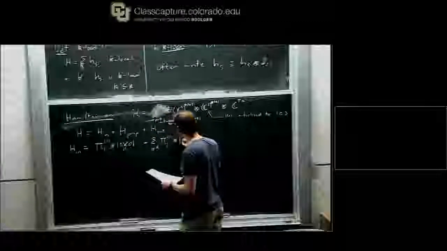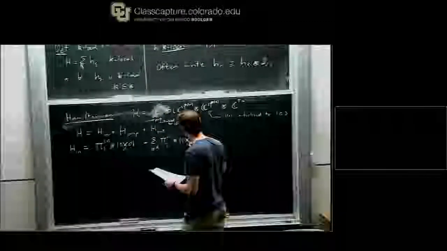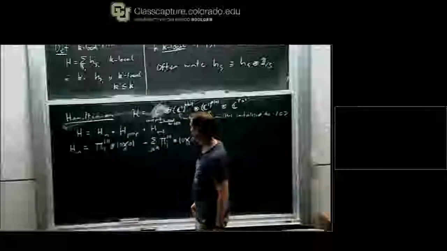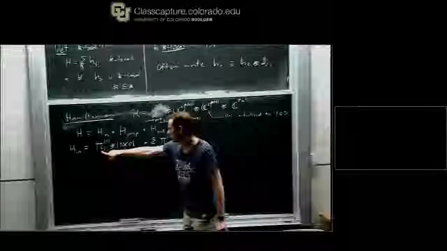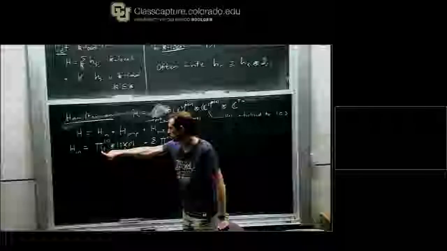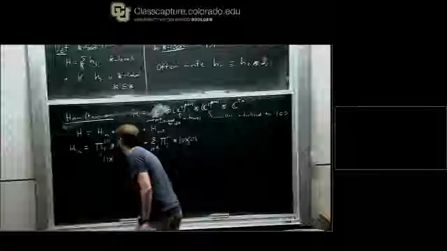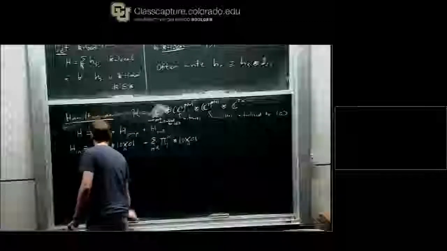So this gives extra energy to any state where the first qubit is in the 1 state, because then it picks up some energy contribution from this. Maybe let's actually just write it out.